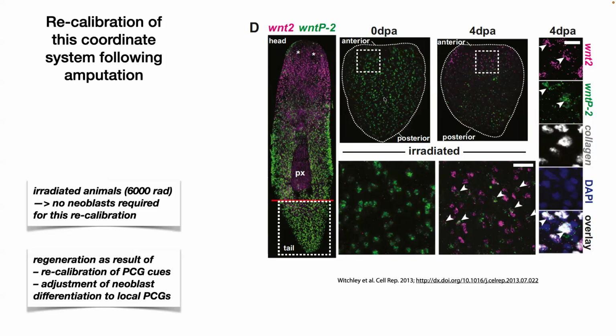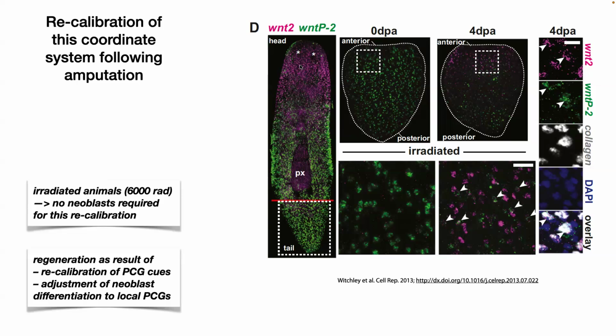But if those animals are allowed to persist for 4 days, in an irradiated state where there's no proliferation whatsoever, you see that now the anterior-most piece of this tissue that has been clipped has started to express the WNT2 gene that is normally also found in the anterior end of the intact animal.